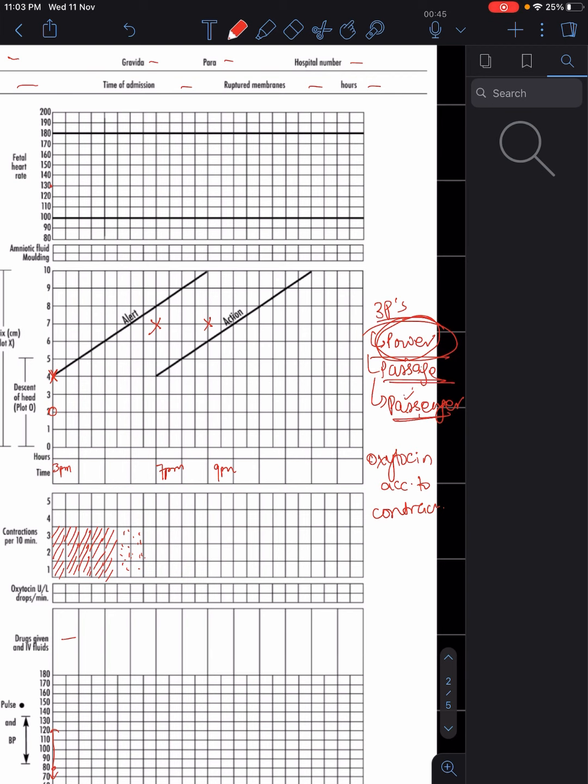Supposing it is still stuck at 7 centimeters, right? So this is called arrest of dilatation. That is, there is no progress of dilatation even after 4 hours. Then it is called arrest of dilatation. Then I need to see into it and I have to take her for section, right?